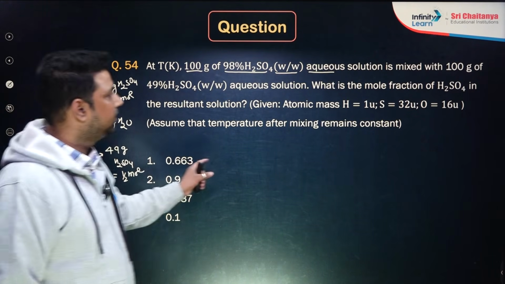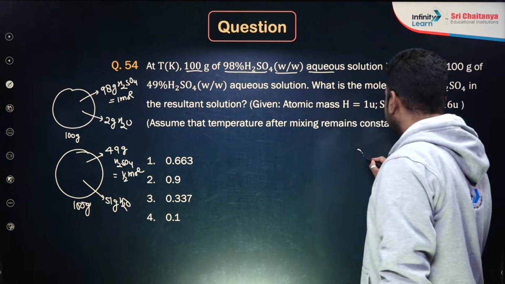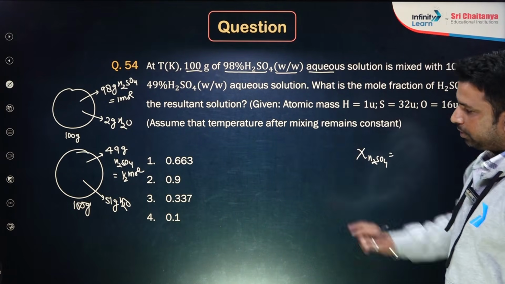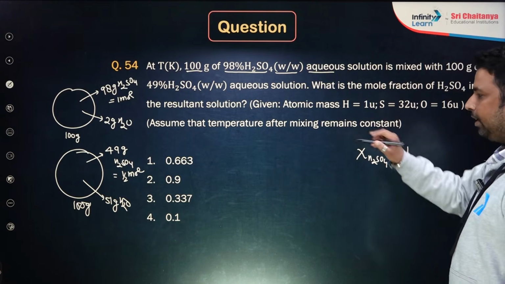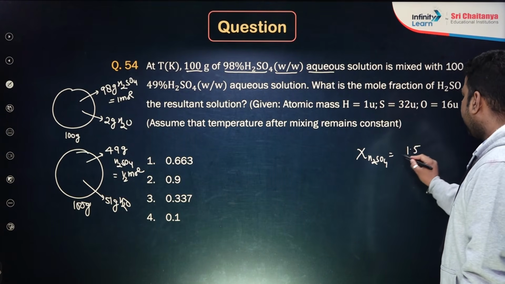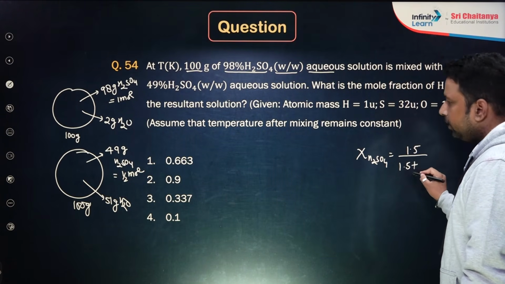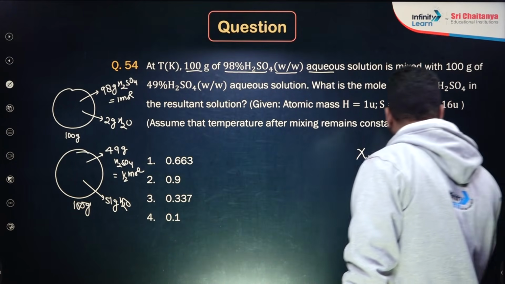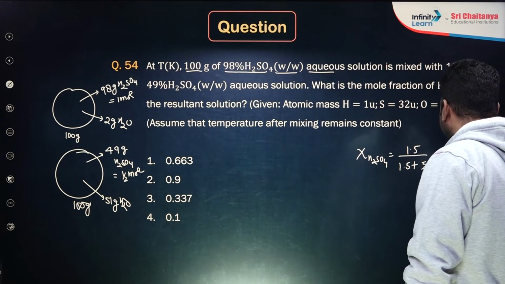So they are asking the mole fraction of H2SO4 in the resultant solution. Total moles of H2SO4 is 1 plus 0.5, that is 1.5, upon 1.5 plus the total mass of water, which would be 2 gram plus 51, 53, divided by 18.